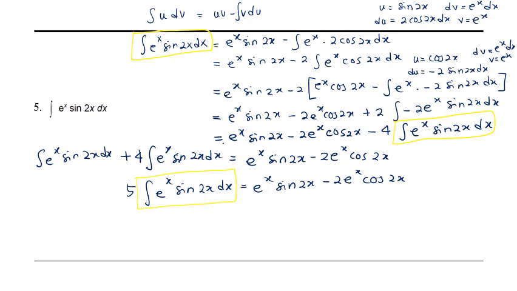So, bawa 5 pergi right hand side, 5 tu darab, bawa pergi sana jadi bahagi. So, that 1 over 5 times eksponen x sin 2x minus 2 eksponen x cos 2x, plus C. Okay, so this is the answer.